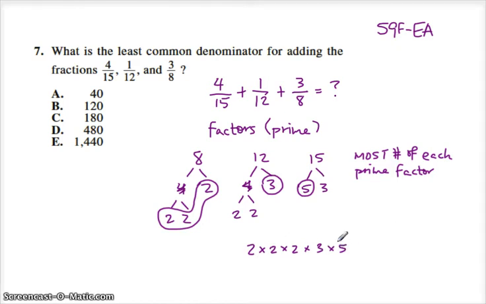Because if we multiply all those together, we should get a number that is a multiple of 15, 12, and 8. So 2 times 2 times 2, we already know that's 8. And then we have 8 times 3 times 5. Well, 3 times 5 we know is 15, so we can say 8 times 15.